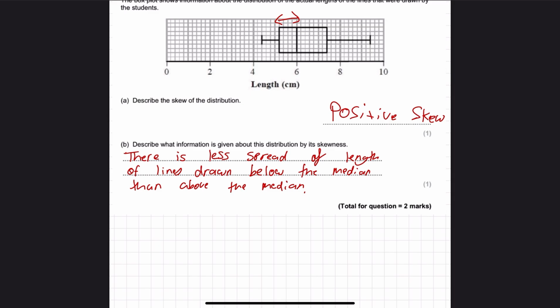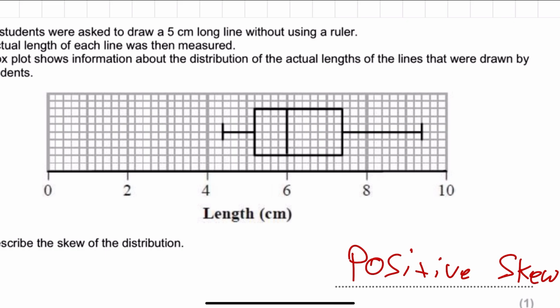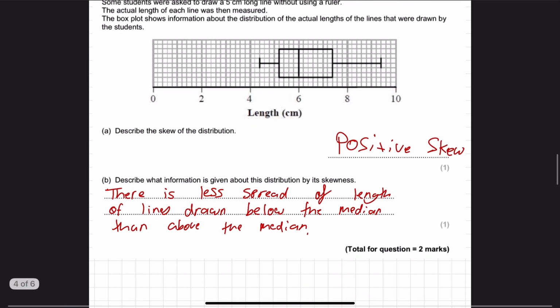And that just makes sense because look, there's not a lot of spread here. There's not a big gap. But there's a big gap over here. So yeah, that's what I would say. For 1 mark, that's all you really do need to say.